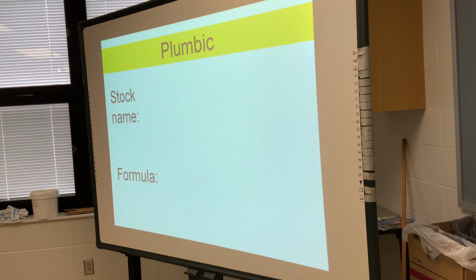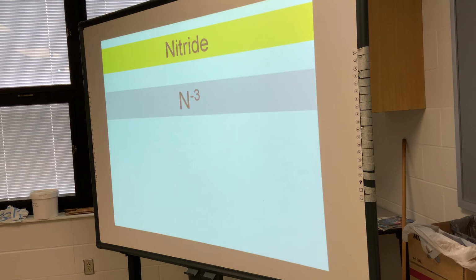Plumbic. Two charges for lead, 2 and 4. So which one is this one? This is 4, Pb4, positive 4. Nitride is negative 3, group 15, so that's a negative 3 charge.